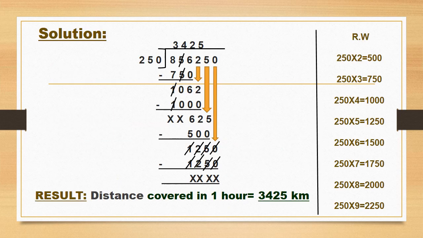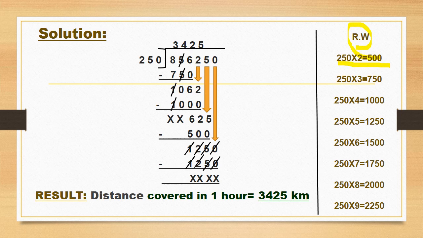Now we have to do the solution. In the solution, we have to divide 856,250 by 250. First write the table of 250 in the rough column. It helps to divide the given number.